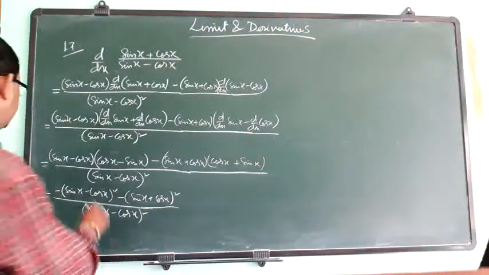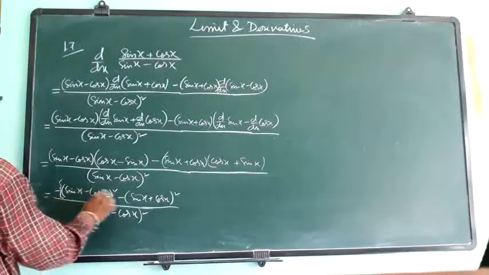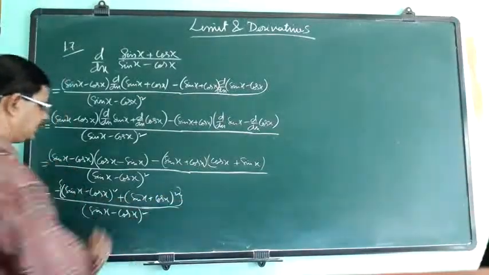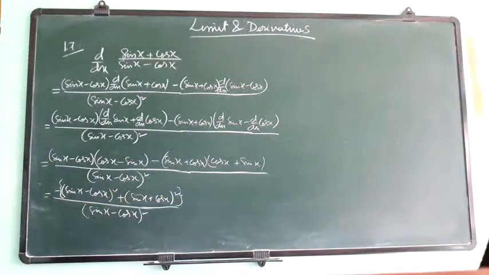So if we take this minus sign common, then it will be like a square plus b square.